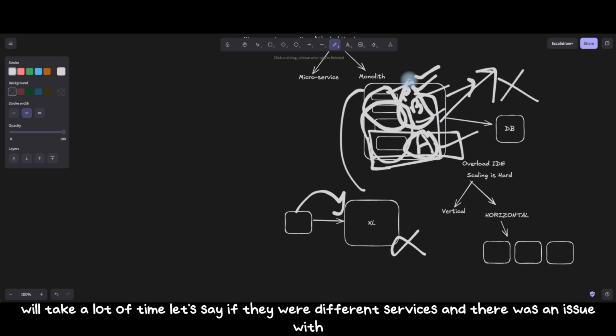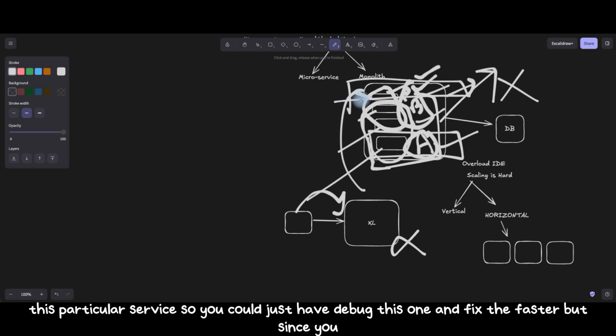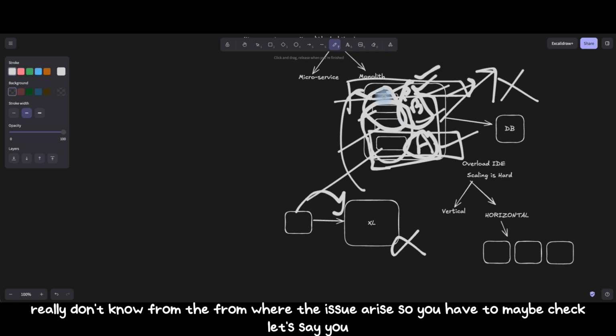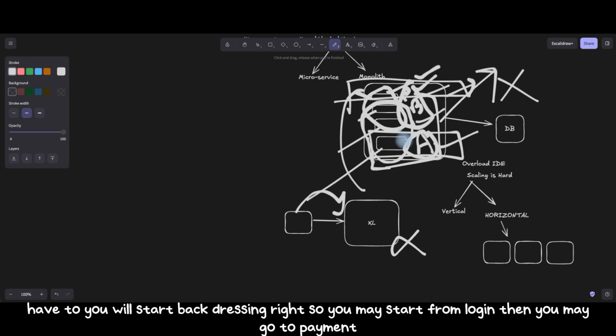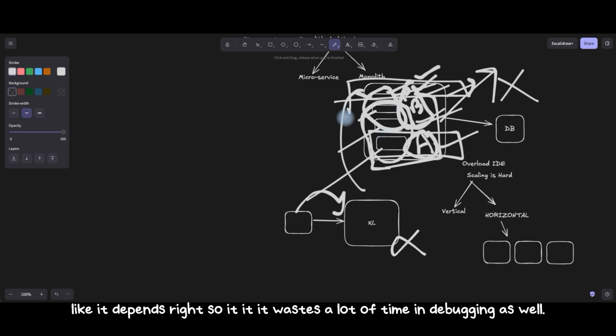If they were different services and there was an issue with a particular service, you could have debugged just that one and fixed it faster. But since you don't know where the issue arises, let's say you start back tracing. You may start from login, then go to payment. It depends, right? So it wastes a lot of time in debugging as well.